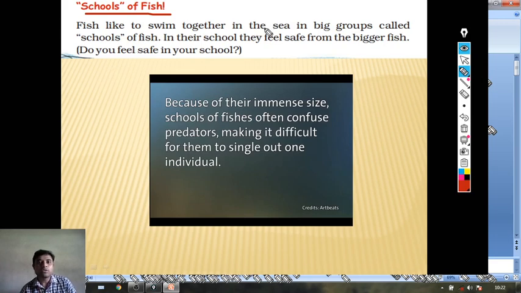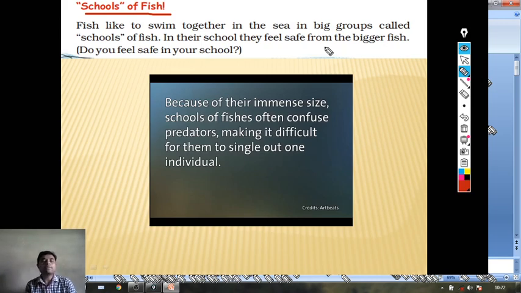So in school you have seen there is not only one child. In school there are so many children. Similarly, in a school of fish, that means there is a group of fish. Why? In their school they feel safe from bigger fish. Sometimes in water the bigger fish eat the smaller fish.